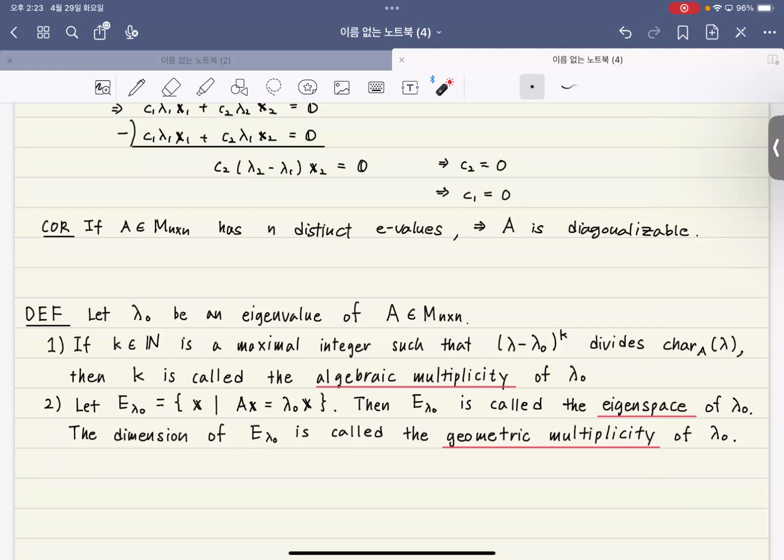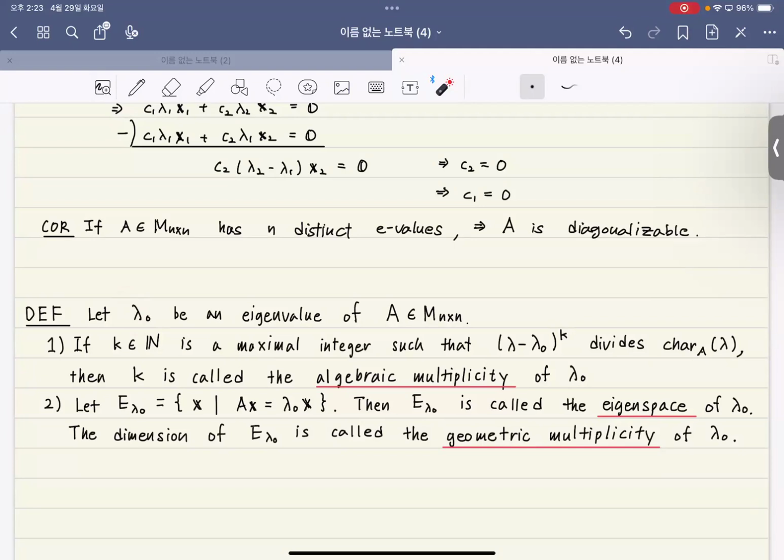I define a space E of lambda 0. This is a collection of all vectors x such that A times x equals lambda 0 times x. In other words, this is a collection of eigenvectors of eigenvalue lambda 0.